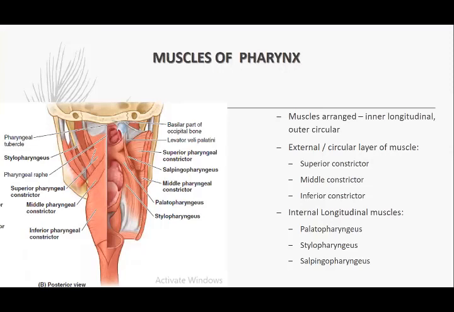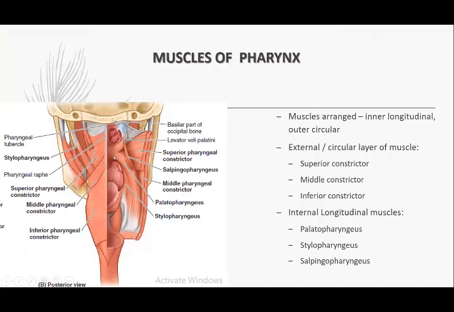Okay. Now, I told you the muscles are arranged in three layers. On the outside, circular muscles: innermost is the superior constrictor, overlapped by the middle constrictor on the outside, and outermost is the inferior constrictor.